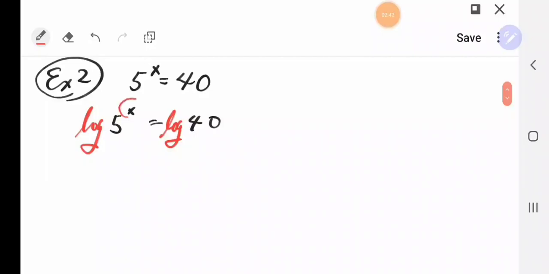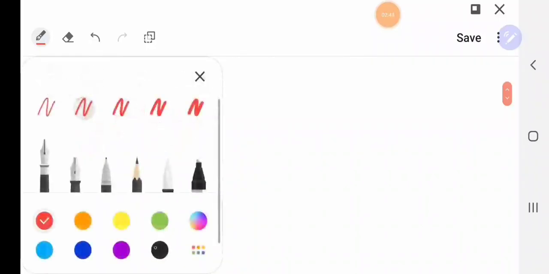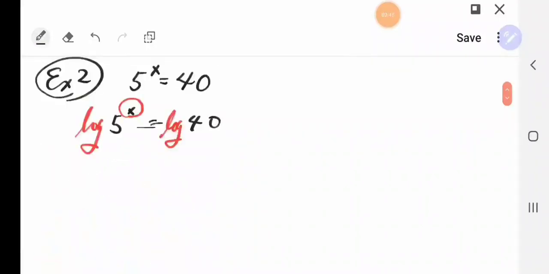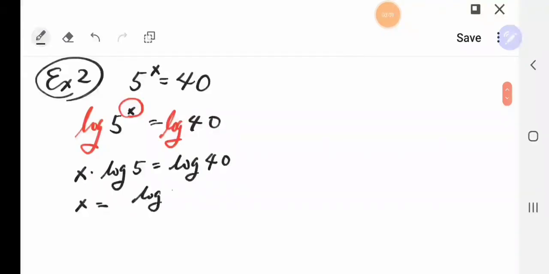Then we can take this x out. So the x moves to the front, so x times logarithm of 5 is equal to logarithm of 40. Then logarithm 5 is a number, so we can divide each side by logarithm 5. So logarithm 5 goes to the denominator of the right hand side of the equation.